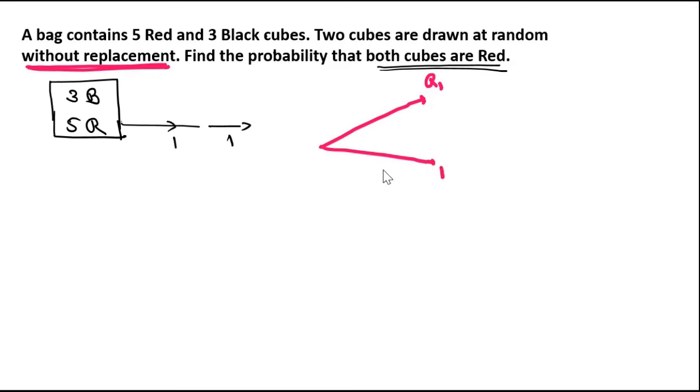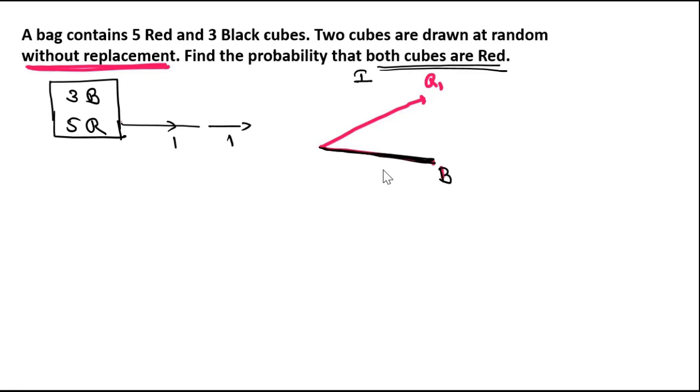These are the two possibilities. So red or black. This is case 1. First we are taking 1 cube from this bag. It can be red or it can be black.